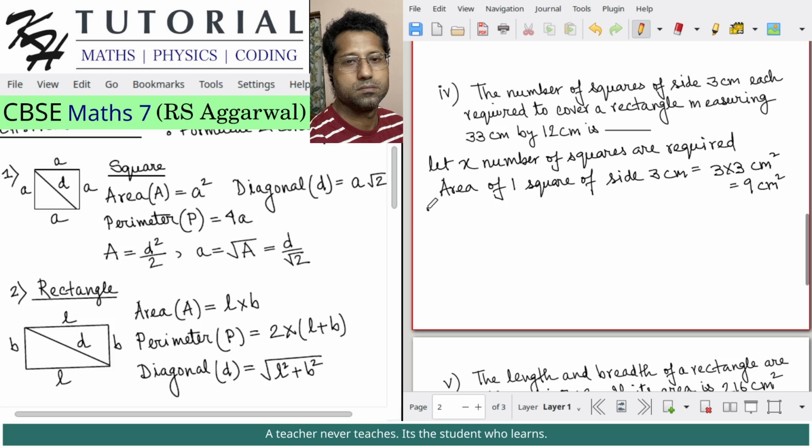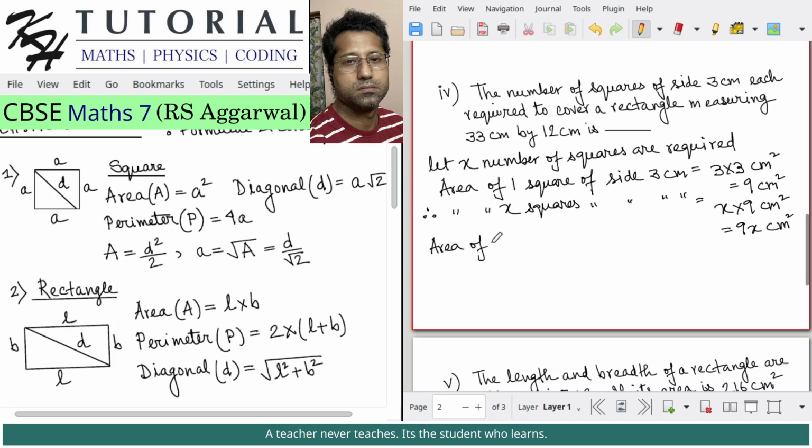Therefore, area of x squares of side 3 centimeter will be equal to x into 9 centimeter square. This is 9x centimeter square. Okay, now what is the area of the rectangle?